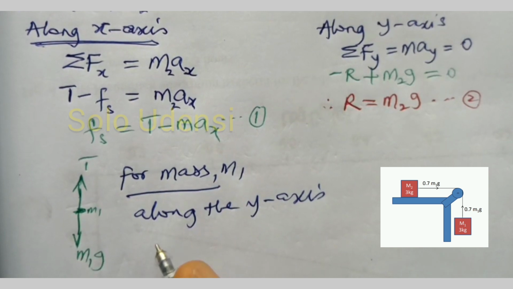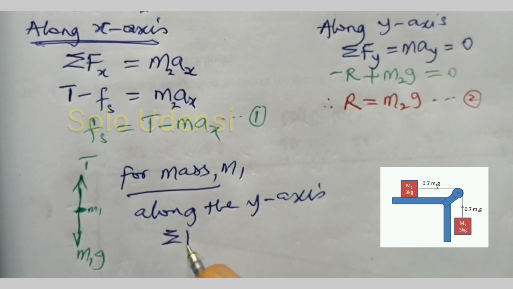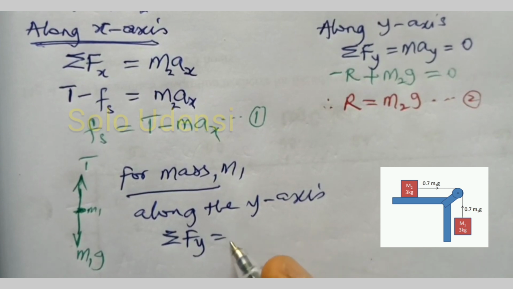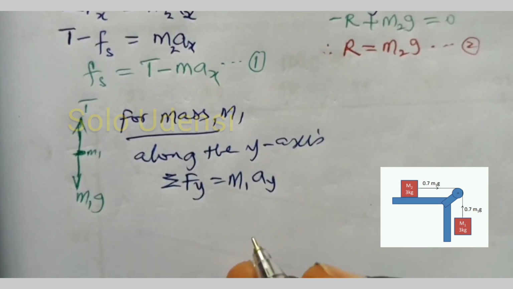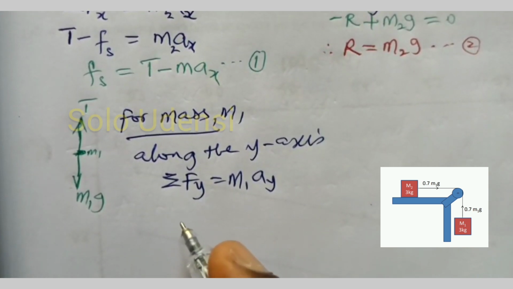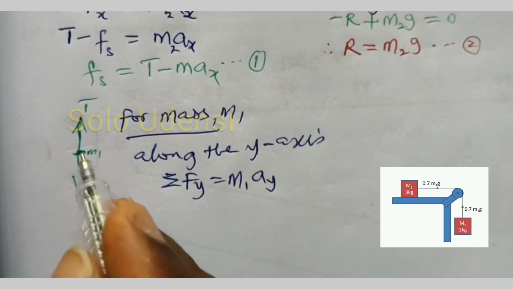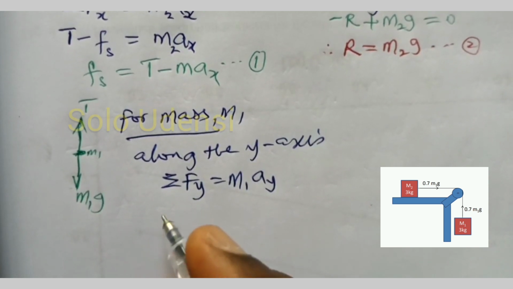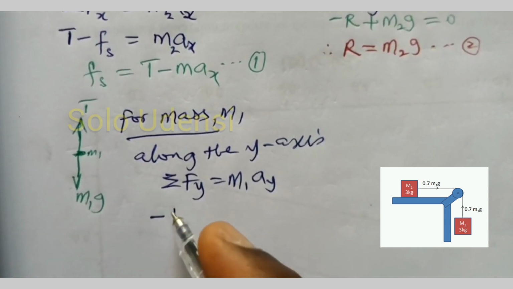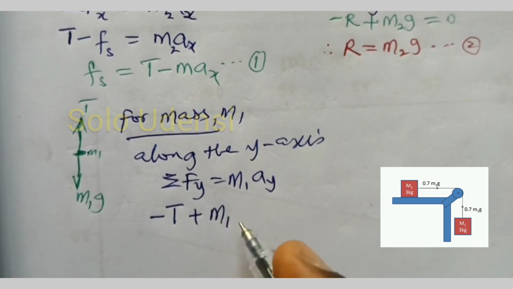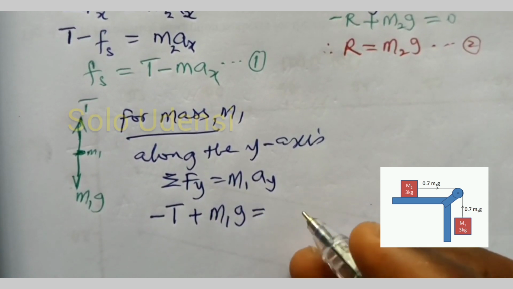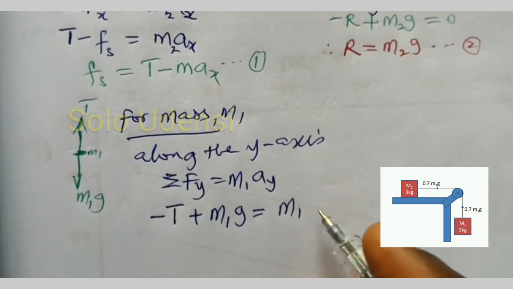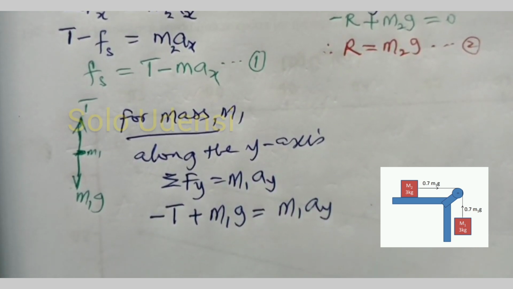Sigma Fy, because there is motion now for that very particular mass, there's motion along the y-axis. So we have minus T, because this one is pointing up, plus m1g is equal to m1 ay.